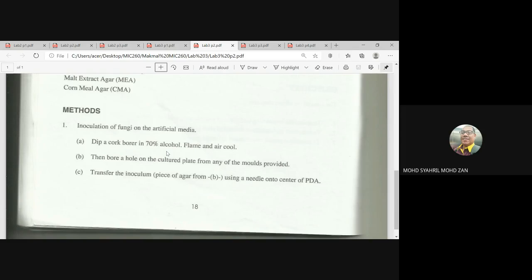So cork borer tu tempat kita guna untuk buat lubang pada media, okay? So make sure kita sterilkan dulu, kita gunakan 70% alcohol. And then flame and air cool. So dekat mana kita gunakan cork borer tu, cork borer tu berada di hujung mata dia, alright? Tempat buat lubang tu, dekat ujung tu. Kita kena letak alkohol dan kita flamekan dia, alright?